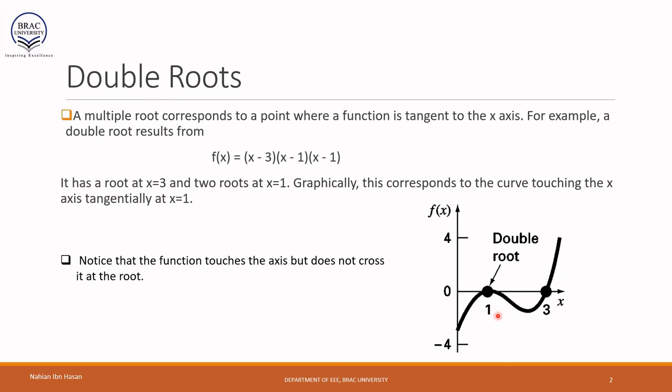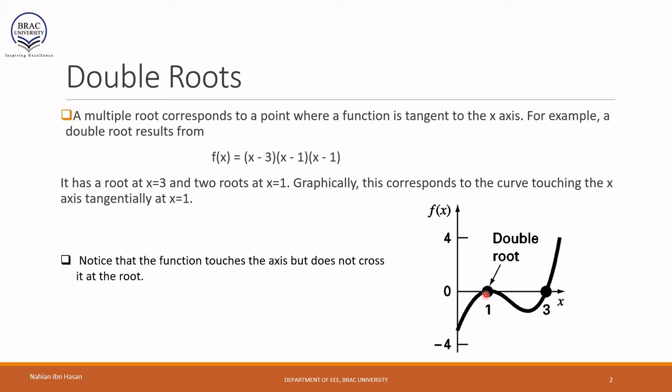But the problem is how we are going to find out that this is a multiple root location. If we are using the open methods or bracketing methods, we are going to find this location x equal to 1. But how do we interpret whether this location contains one root or two roots or multiple roots? That's the question here.